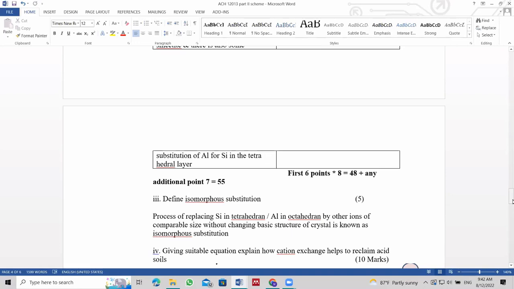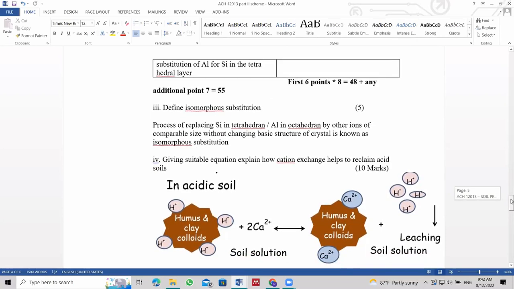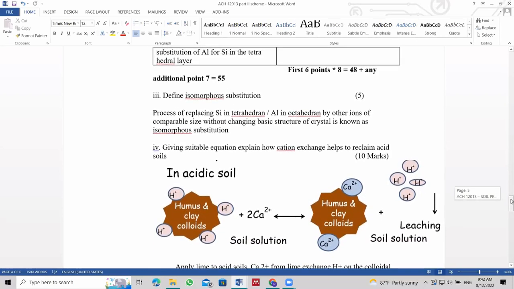So to reclaim acid soil, what do we apply? Lime material. Yeah. So here the answer is already given in the question. Giving equation, explain how cation exchange helps to reclaim acid soil.